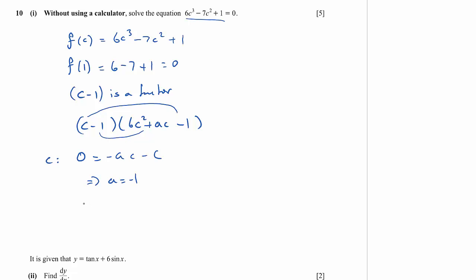So I've now got c minus 1 times 6c squared minus c minus 1. So let's think about that 6c squared minus c minus 1. I think we can factorize that.